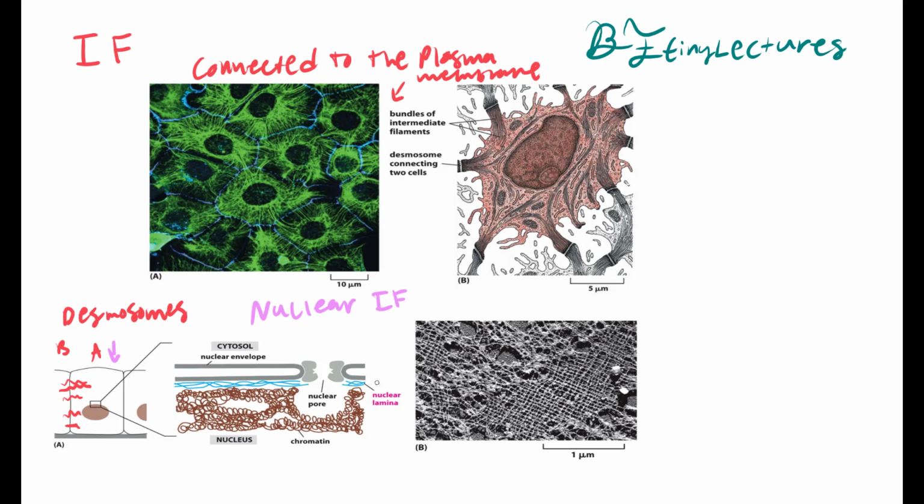These make nuclear lamins that create a mesh that supports the nuclear envelope. This offers shape and support for the nucleus. If you didn't have this, the nucleus would be like a jelly inside its eggshell. So here we have the nucleus, and here we're going to have the genetic material.